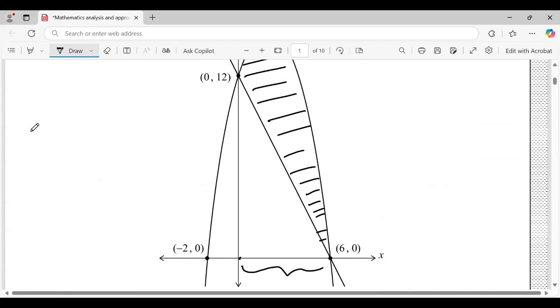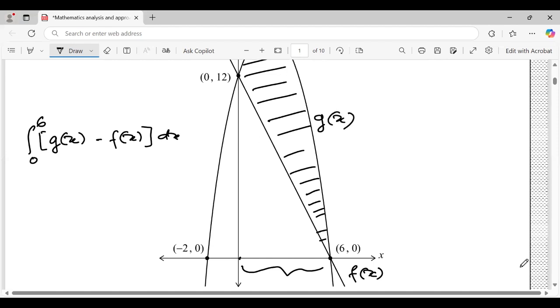So if you calculate the area, it's the integral from 0 to 6 of g(x) minus f(x) dx. This straight line is f(x), and this parabola is g(x).